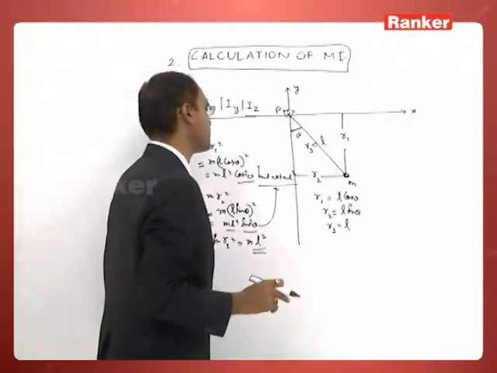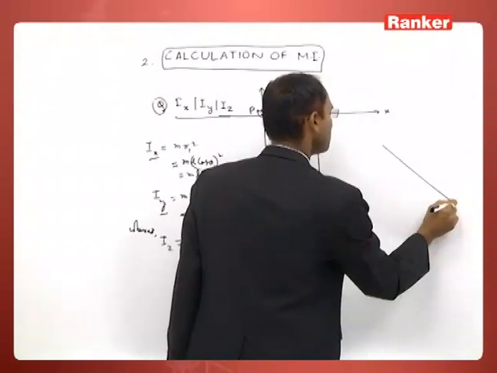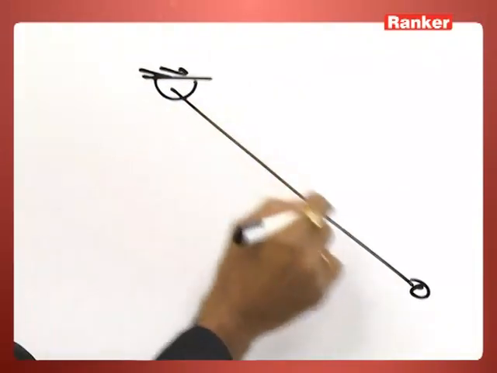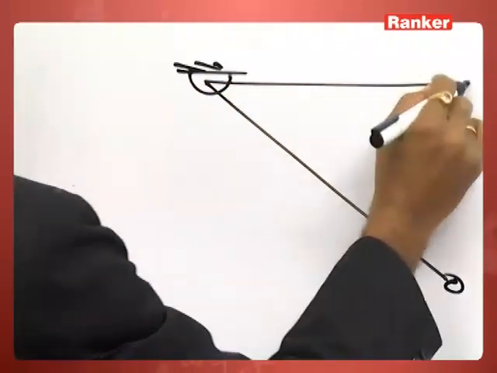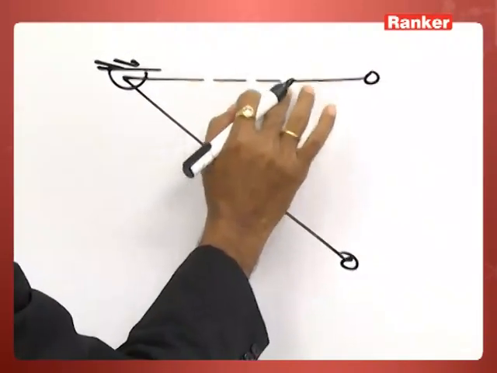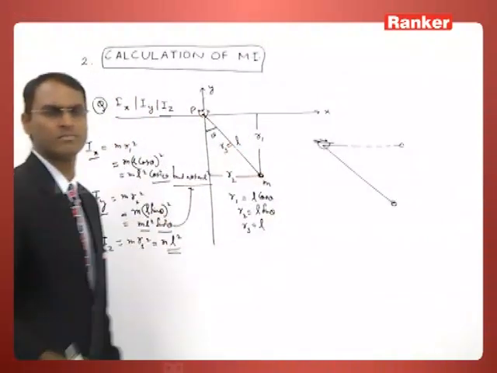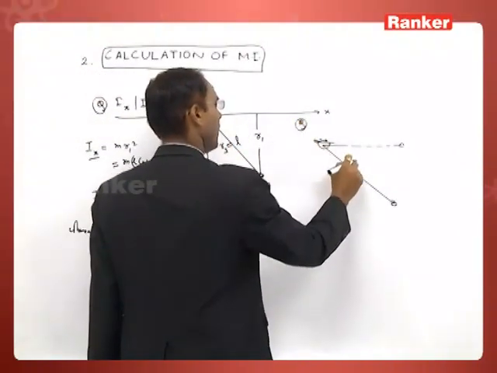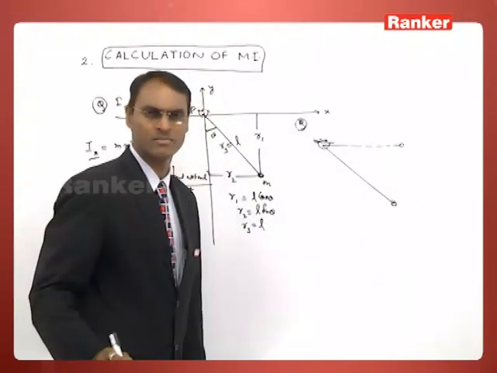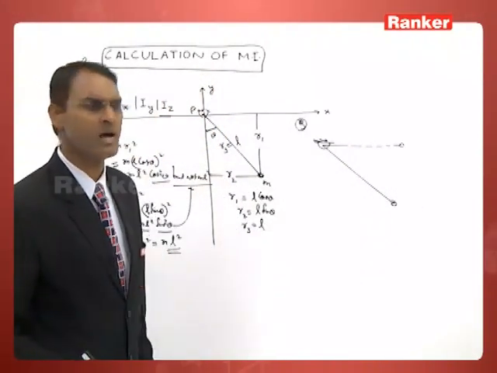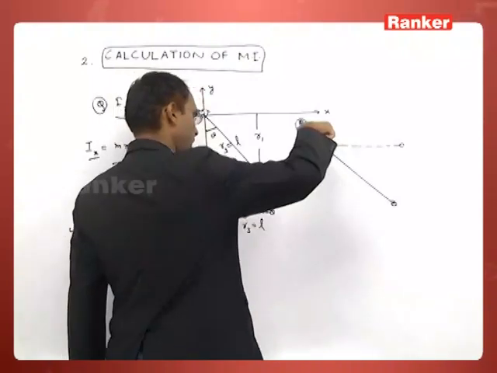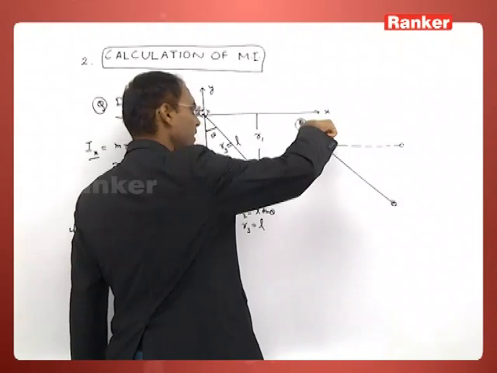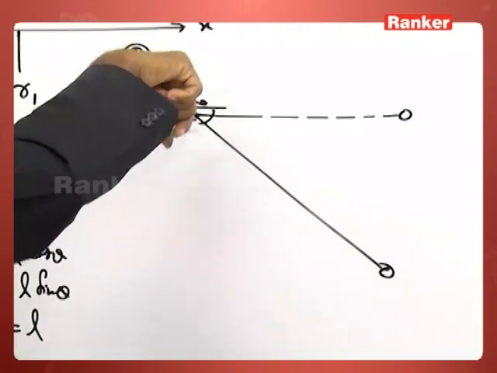Now the question arises, when this pendulum bob is released from rest from the horizontal, it swings. When it swings, find its moment of inertia. When it swings, it is swinging or it is revolving about the horizontal axis.